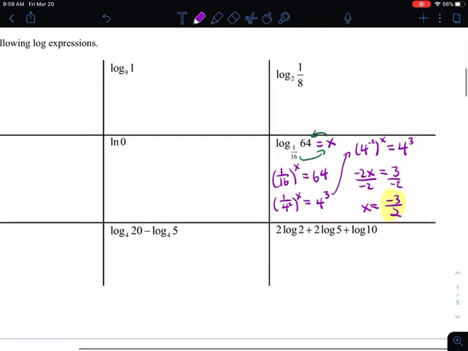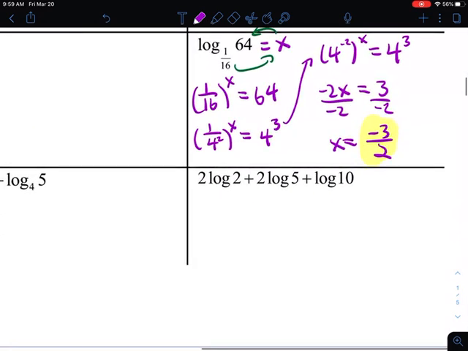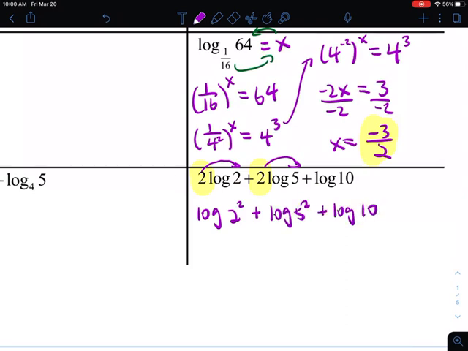There it is. Then let me do the one down here where we're going to have to use the properties of logs. First of all, remember, if you have these coefficients, you can move them as exponents. So I can have log of 2 squared plus log of 5 squared plus log of 10. 2 squared is 4. 5 squared is 25.